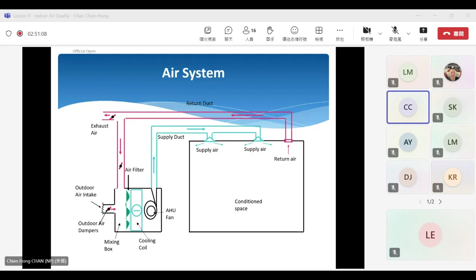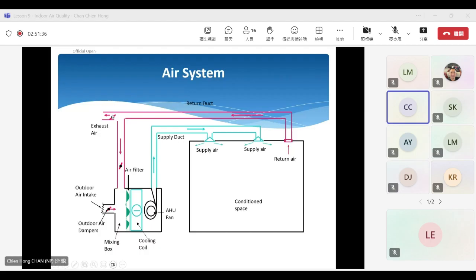It can help to remove the excessive heat and also the moisture inside the room via the return air duct. Some of this air will go out of the building if there is an exhaust path. But not all air conditioning systems are installed with an exhaust path. The modern ones, yes.